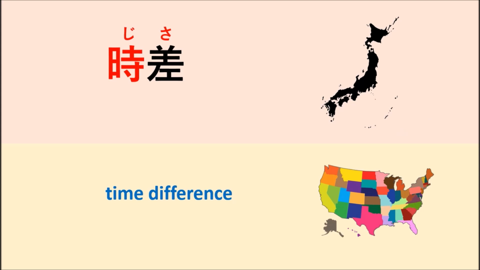Or you can compare with your country. 時差 means the time difference, for example 2 hours or 3 hours or 24 hours.